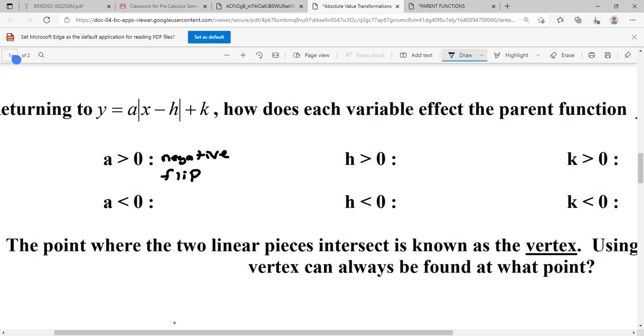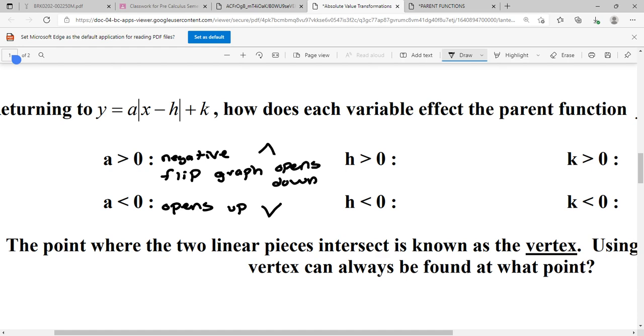It's going to flip our graph. That means it's going to open down. If a is more than 0, opens up. Right, so that would look like that. This one would look like that.